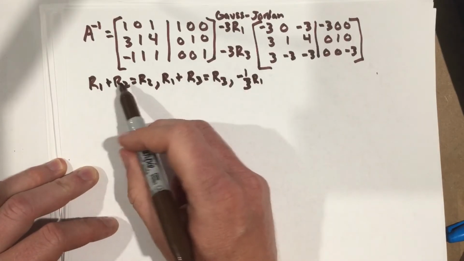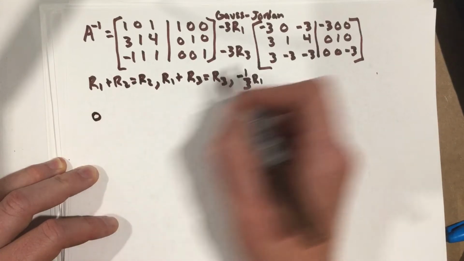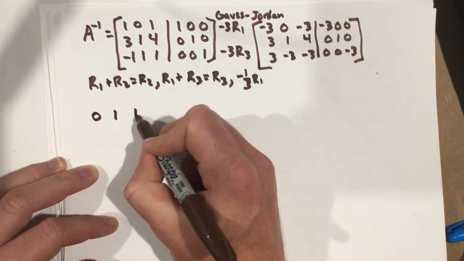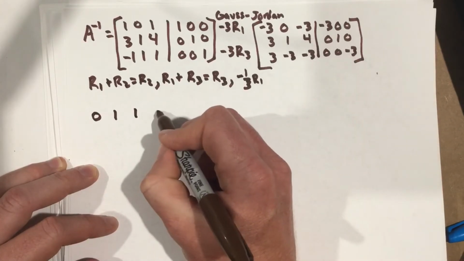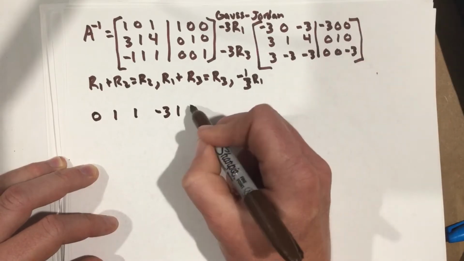Let's start by doing R1 and R2. So this gives you 0. This will give you a 1. This gives you a 1. This is negative 3. This is 1. And this is 0.